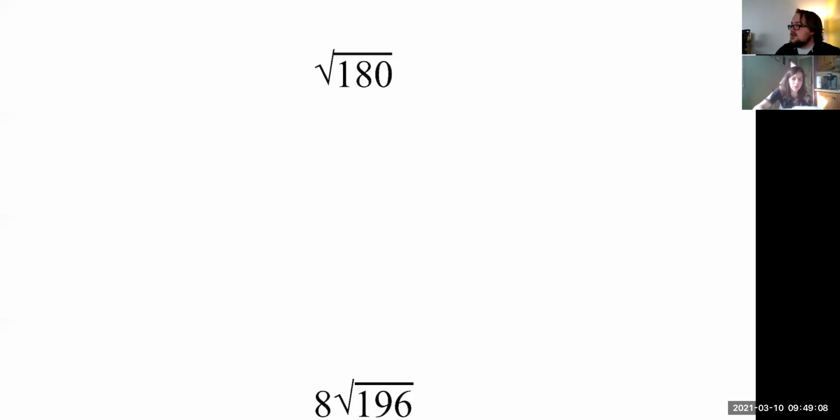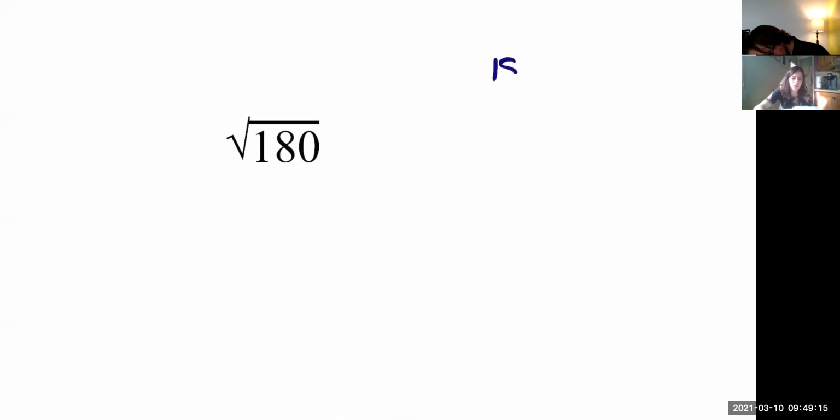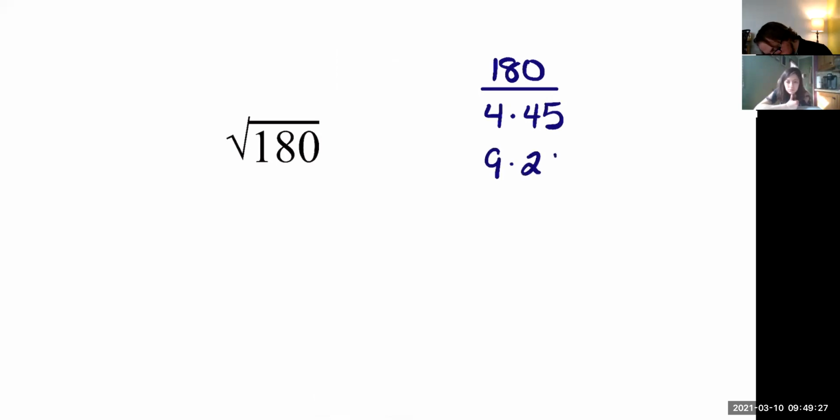Let's talk about it real quick. So hold on, so we don't forget. I'm hearing 4 times 45, I have 20 times 9. Well, 20 is not a perfect square, but 9 is, and that one's certainly larger.